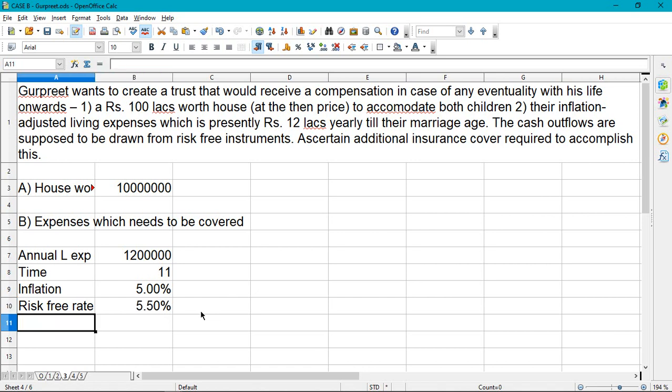Now we have to find the RRR, which is the real rate of return. So to find the RRR, we have to use the formula. I'm pretty sure you remember the formula of RRR.